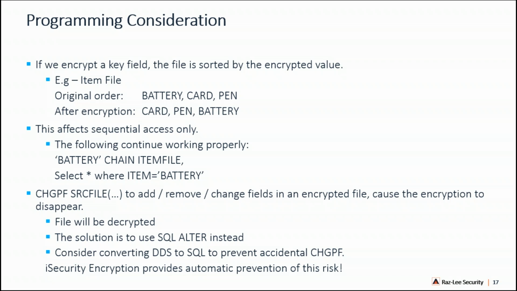Which means, if I had until now 3 records, A, B, C, and every time that I access them, I could print them in a sequential order of A, B, C. Now I encrypt them. Being encrypted, no one can imagine what the result will be. So now, if I try to print them sequentially, I might get CAB instead of ABC.